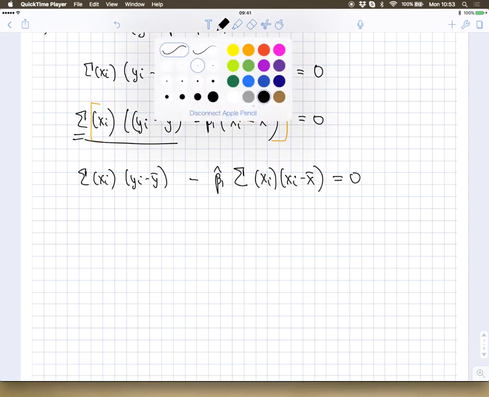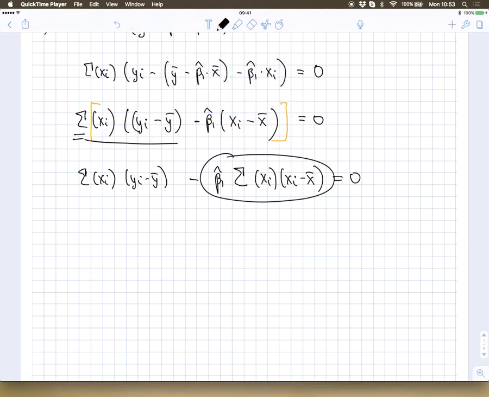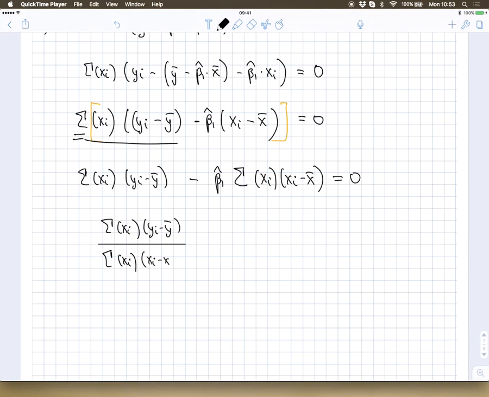So send this whole thing on the other side with a plus, and divide by this. I'm doing two steps at once. So I'm going to say sum of xi, yi minus y bar divided by sum of xi, xi minus x bar is equal to beta 1 hat. Done.